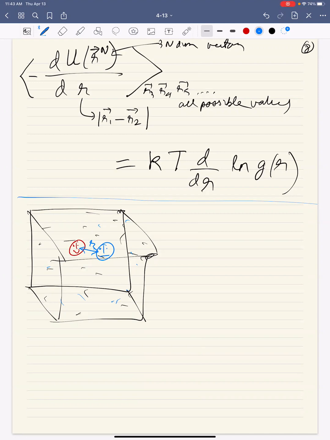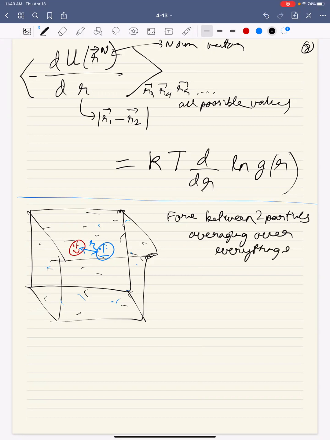So in order to do this, we want the force between two particles, averaging over everything else.